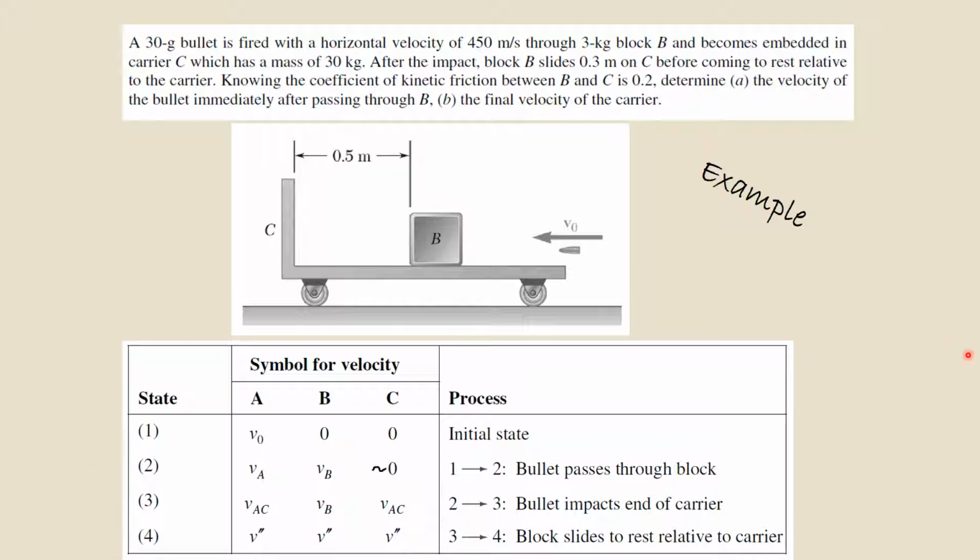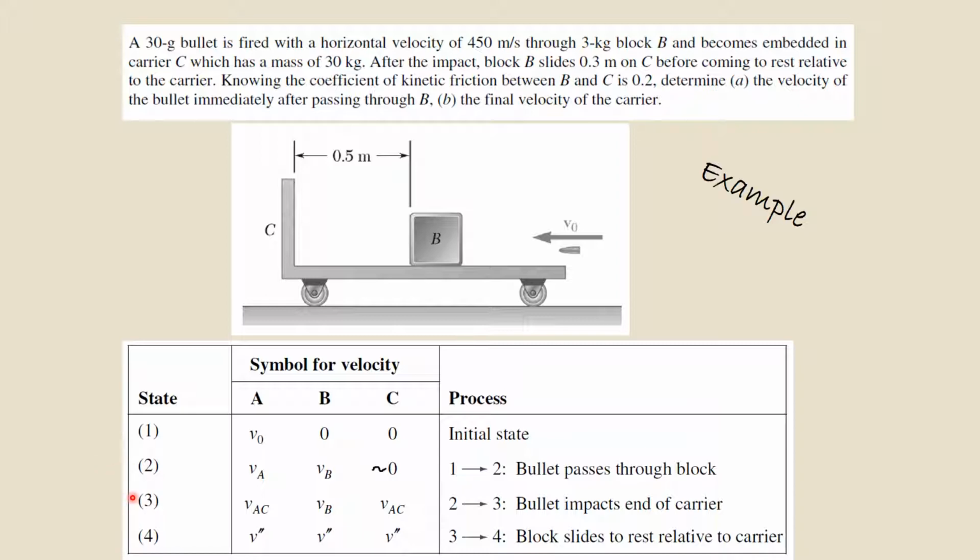So let's walk through the equations. Now, how many unknowns do we have? We don't know VA, we don't know VB, we don't know VAC, we don't know the final velocity. We have 4 unknowns, so we need 4 equations. How many impacts do we have? From 1 to 2, there's a linear momentum equation we can write.